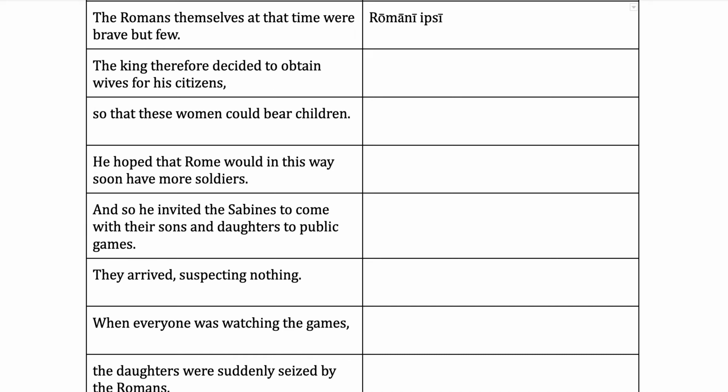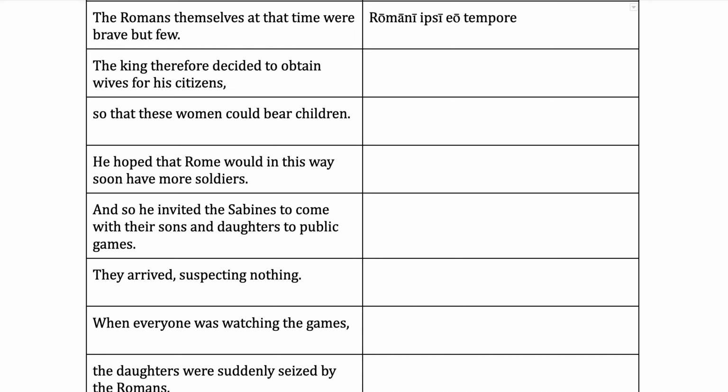We can use an ablative for time when. So remember with time phrases, you have accusative for time how long, you have ablative for time when or time within which. So in this case, that time would be id tempus, but we need it to be ablative. So eo, and then tempore, at that time.